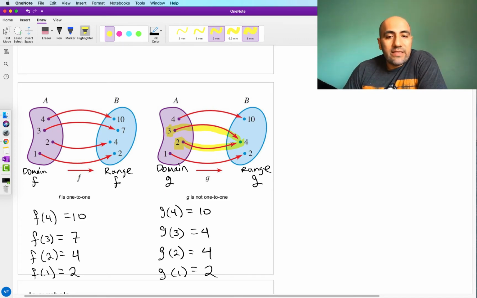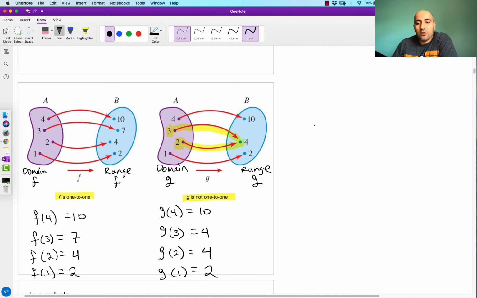If we can come up with a function where this doesn't happen, those functions are called one-to-one. So that's why f is a one-to-one function, and g fails to be one-to-one for this very purpose. Remember, this whole chapter is about being able to undo our function, right? We're going to have some sort of a function.